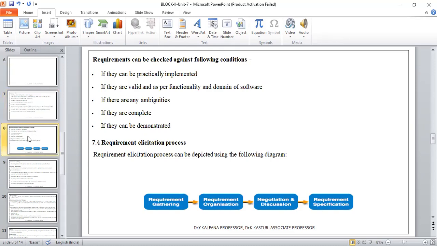Requirements can be checked against the following conditions. How can we validate the requirements?